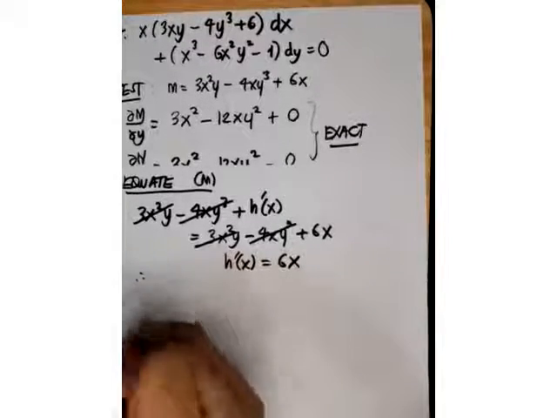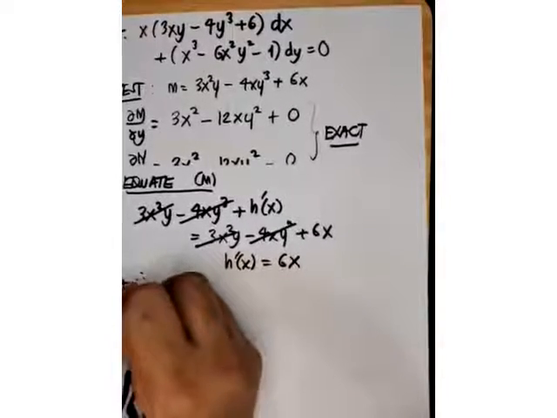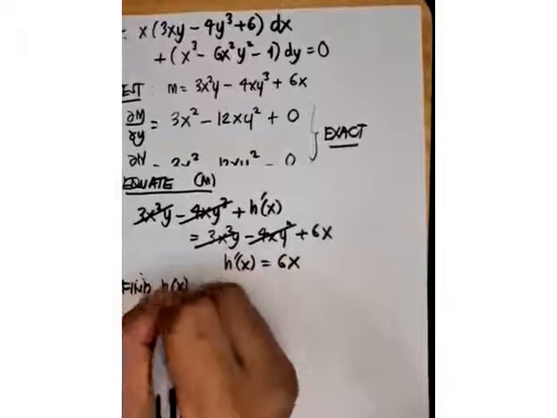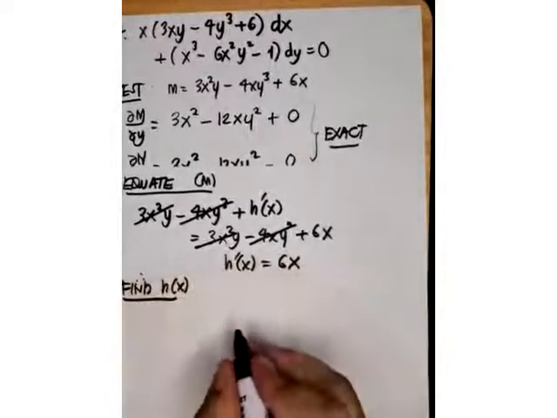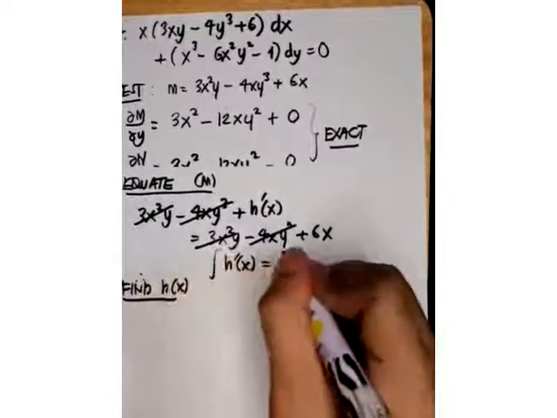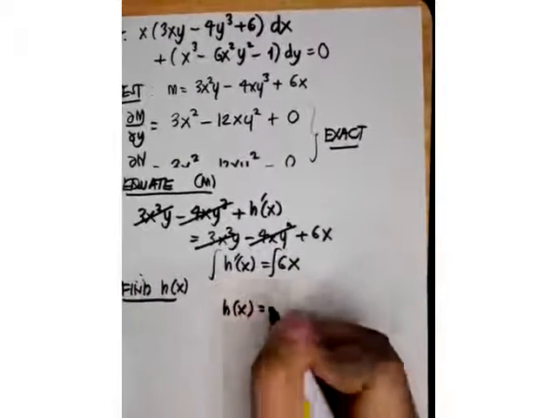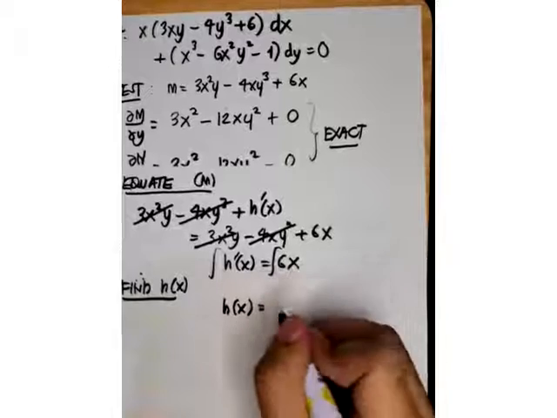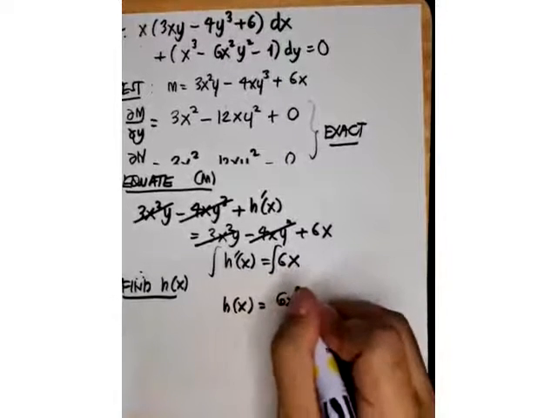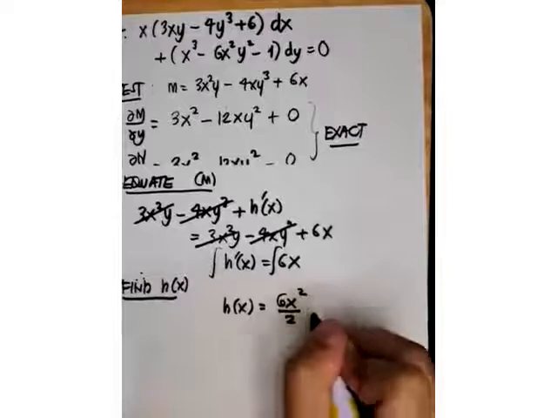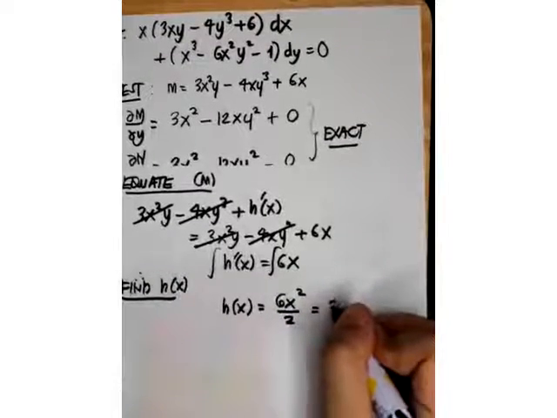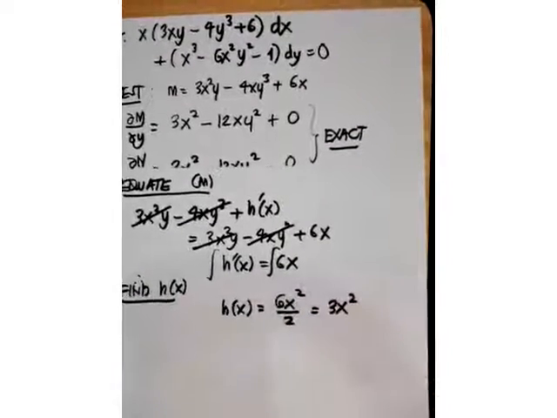And then we find h of x. Okay, so that we can find h of x by integrating h of x prime. So what is h of x? The integral of 6x dx, so that's 6x squared over 2, or that's equal to 3x squared.